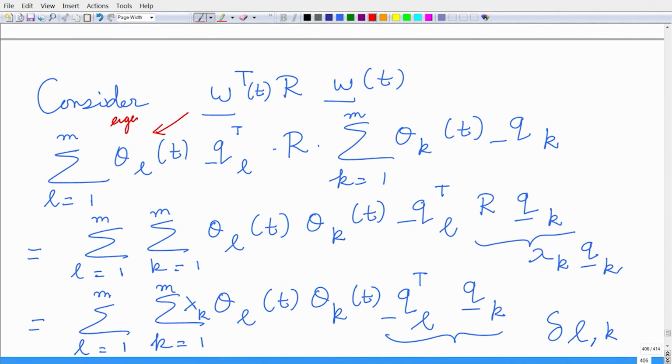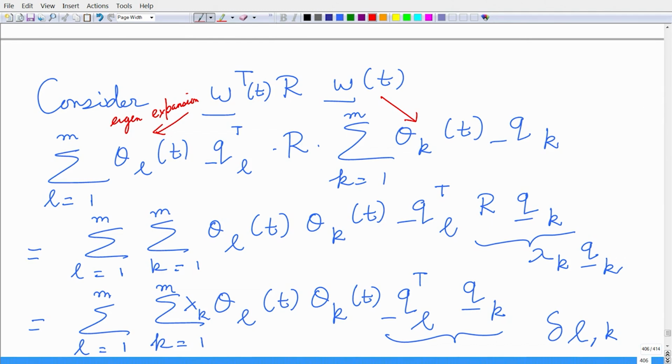This is the eigen expansion, that is using the eigenbasis I expand. In one case I have a summation L equals 1 to m, in the other case I have a summation k equals 1 to m in terms of the eigenvectors, and I have these functions theta L and theta k. Now I can do a little bit of algebraic simplification here.